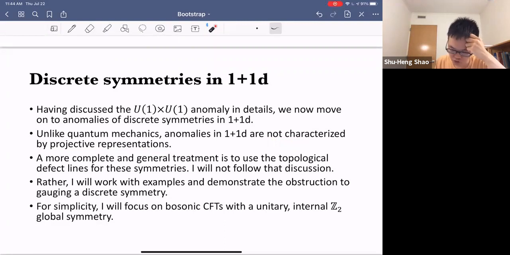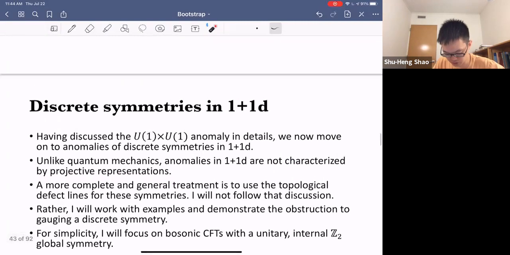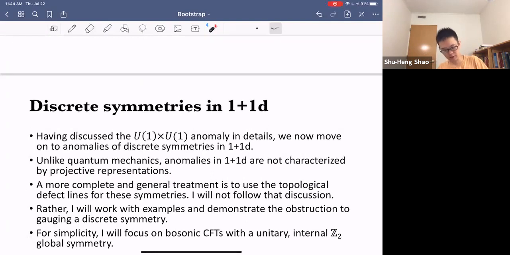A complete and general treatment of discrete anomalies in 1+1D will be using the so-called topological defect lines, and there's a whole fusion category formalism to describe them. I will not follow that discussion. It's very powerful, very useful. It captures all the aspects of anomaly, but it will be too mathematical for a first course, I think.